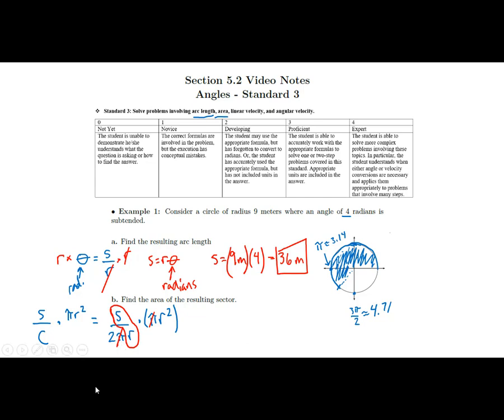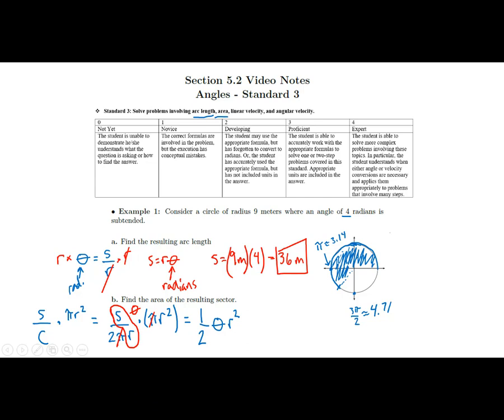What is s over r? s over r is theta, according to this formula up here that we started with. So I'm going to replace s over r with theta. And then notice I have my little 2 in the denominator here, so this formula becomes 1/2 theta r squared.